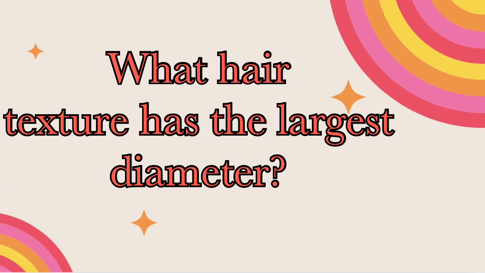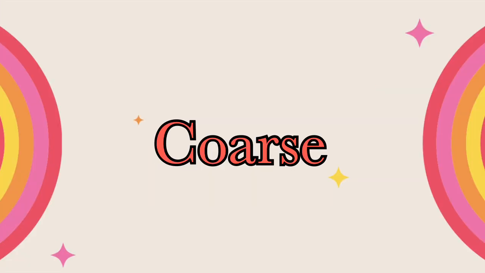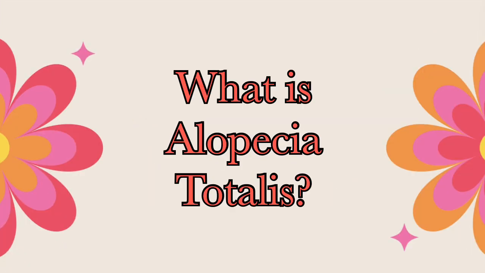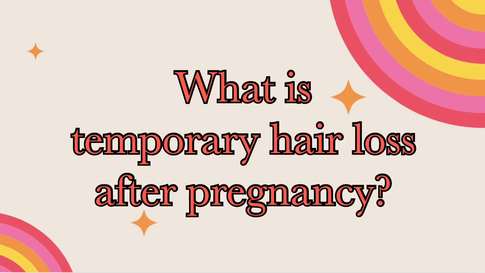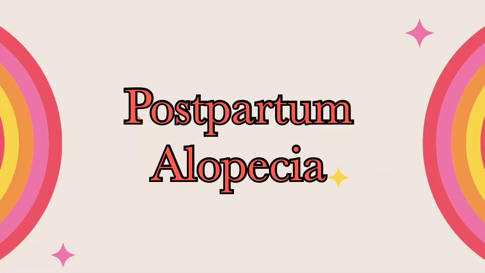What hair texture has the largest diameter? Coarse. What is alopecia totalis? The loss of all terminal scalp hair. What is temporary hair loss after pregnancy? Postpartum alopecia.